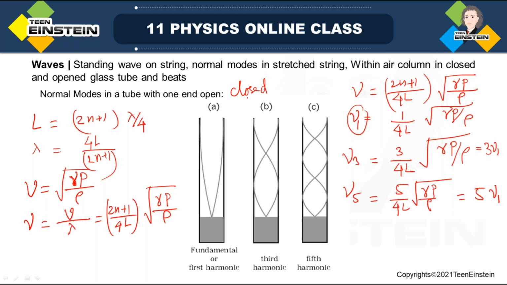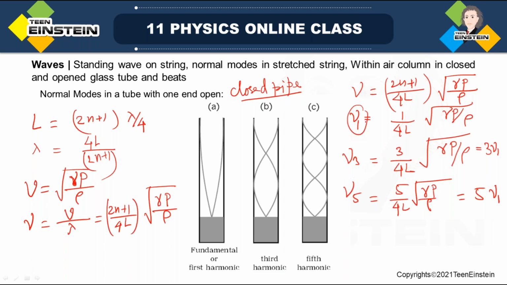When one side is closed, that is called a closed pipe. So in case of various organ pipes, we see this kind of frequencies produced. These natural frequencies are called normal modes or various harmonics.